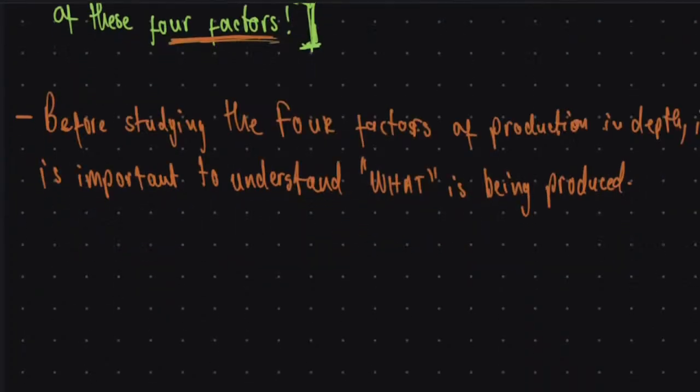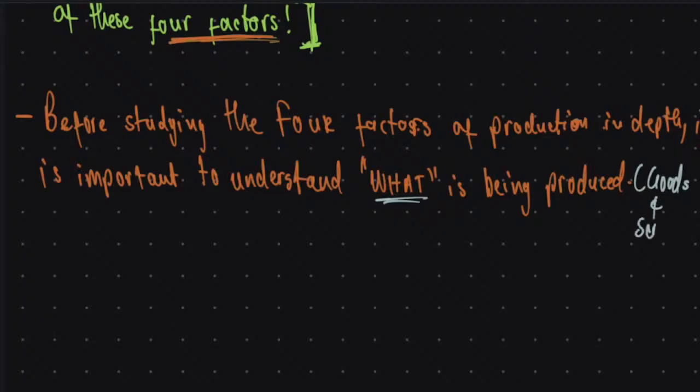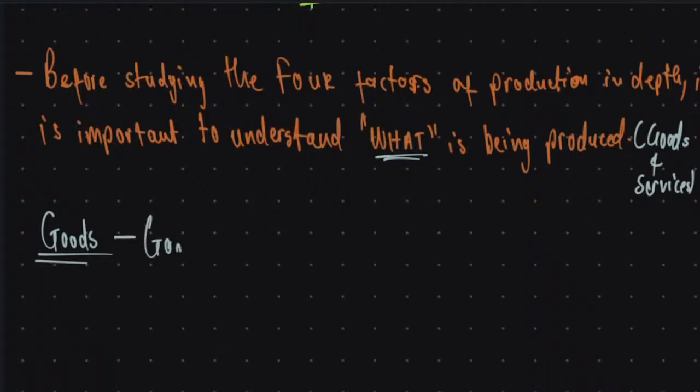It is important to understand the meaning of goods and services that are being produced. So if we say the word goods, what do we mean? Products can be goods or services.